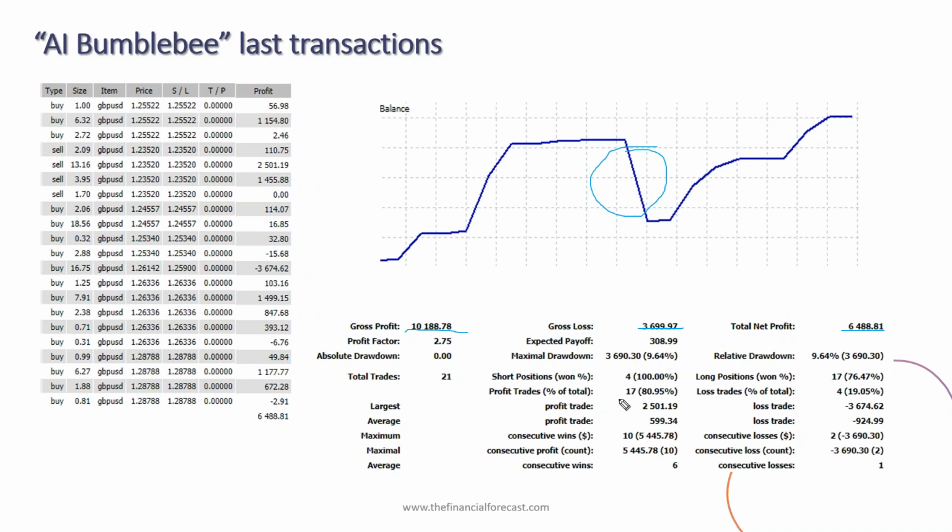So we are talking about profit trade operations in this case of 80%, 0.95. This is really good. Consecutive wins, we have 6 consecutive wins, and consecutive losses only 1.